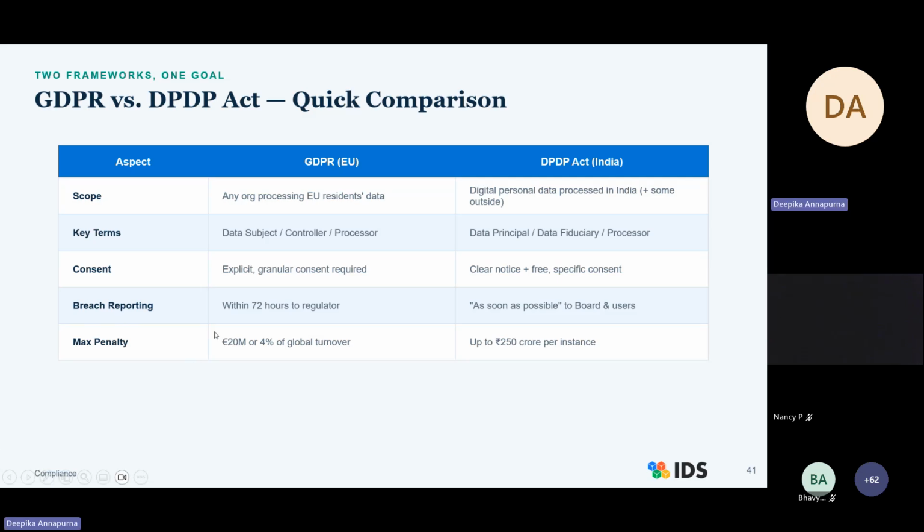Under GDPR, within 72 hours the breach should be reported to the regulator. Under the DPDP Act, it is as soon as possible to the Board and the users. What is the penalty for GDPR? It is 20 million euros or 4% of global turnover. For the DPDP Act, it is 250 crores for one instance.